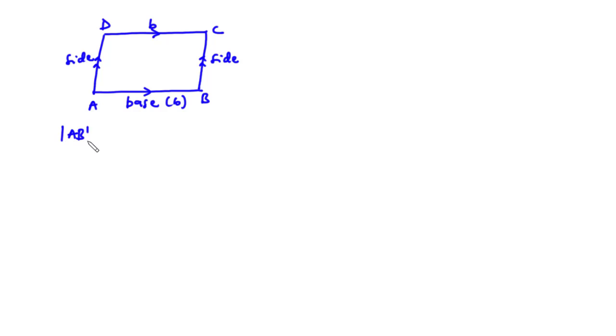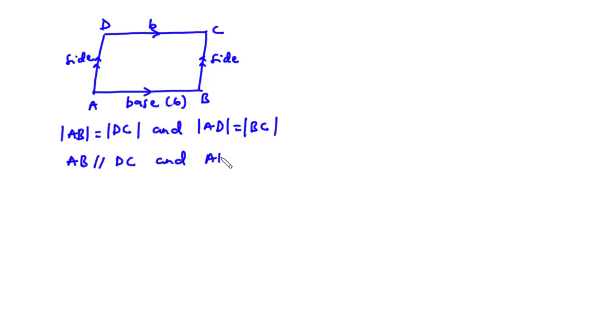So the side AB is equal to the side DC, and AD is also equal to BC. AB is parallel with DC, and AD is also parallel with BC.